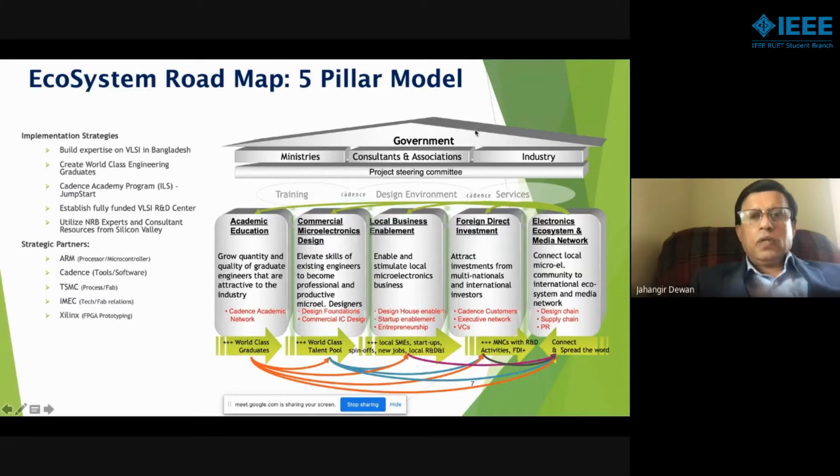And then the second pillar, commercial IC design, microelectronic design centers. Once we have the people, skills with numbers, these companies are bound to come because they look for alternative places. Like in India, cost is going up, and they always look for other avenues. That's important.